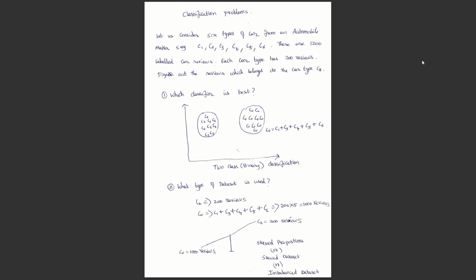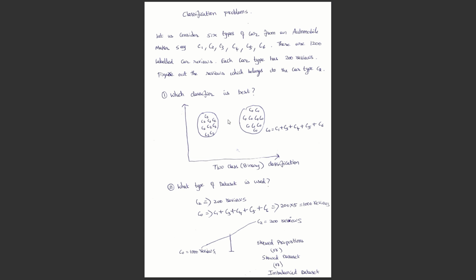So let's draw the diagram. We are going to identify the reviews of car type C2. The other reviews C1, C3, C4, C5, C6 are denoted as C0, just the other car reviews.